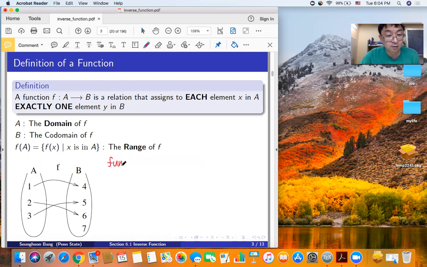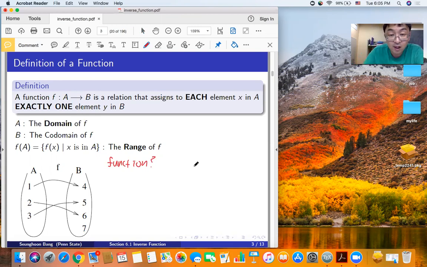What do you think? Is this a function? Okay, yes. So let me see.